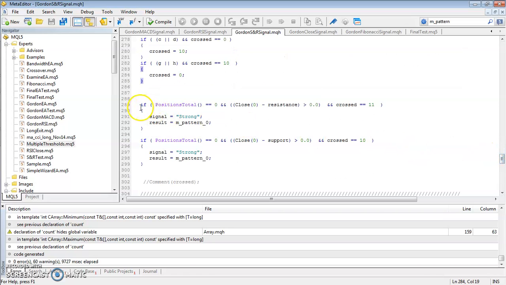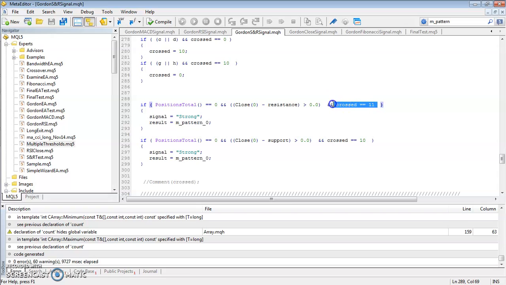So this is when it triggers the signals. If there's no open position and the difference between the current price of the candlestick minus the resistance line is above 0, that means it's going upwards and it's crossed.